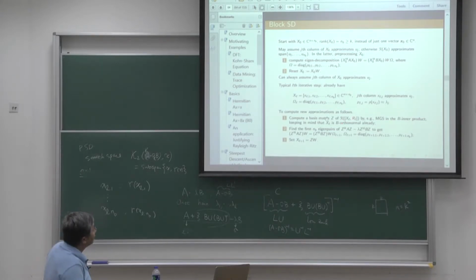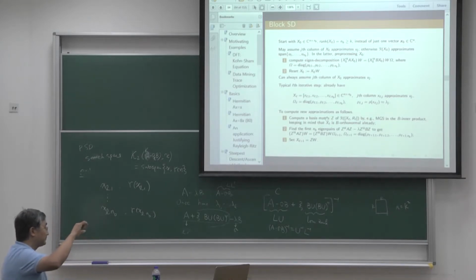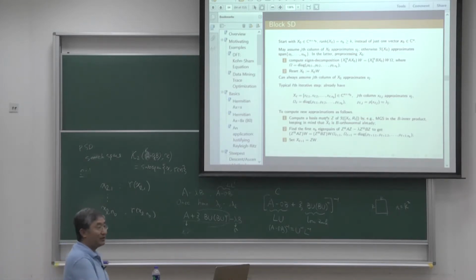So you produce a subspace basis, which we call matrix Z. Usually Z has 2 times nb columns, and then you project the original pencil. This will be a 2 nb times 2 nb matrix pencil, but we're only interested in the first nb eigenvalues.